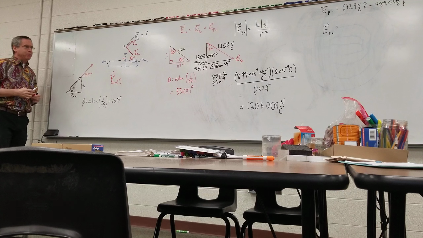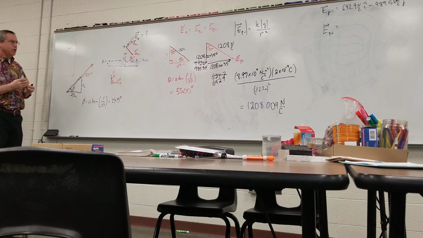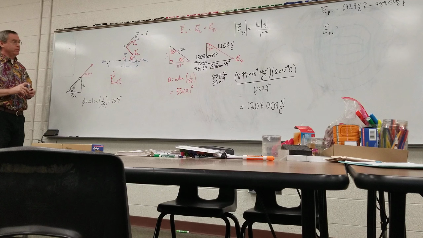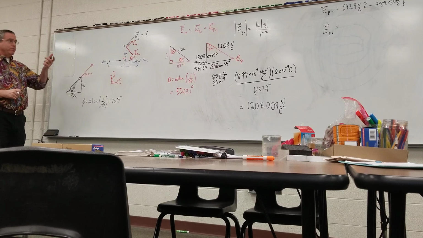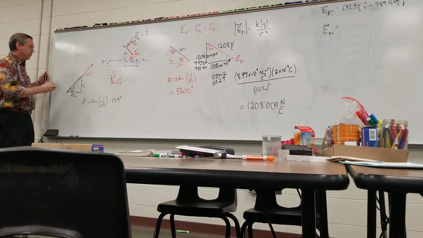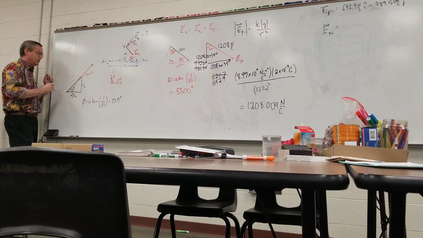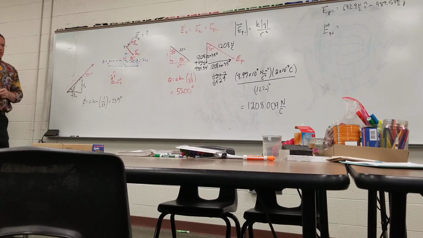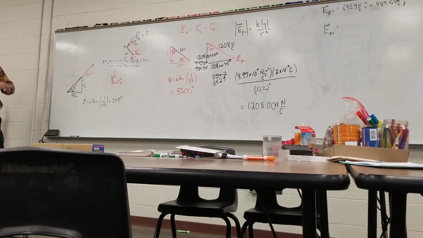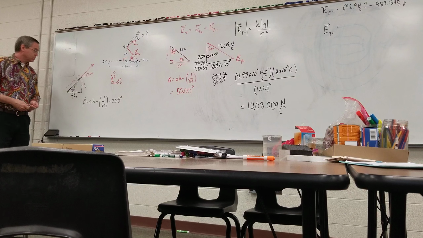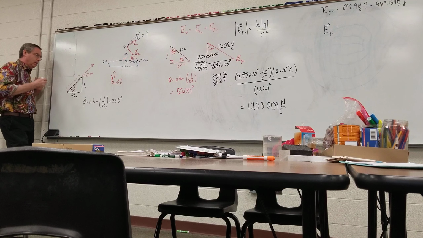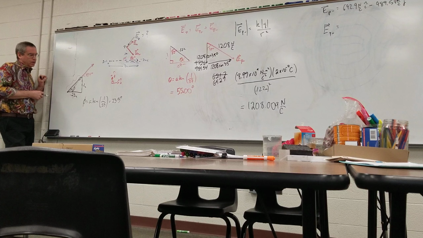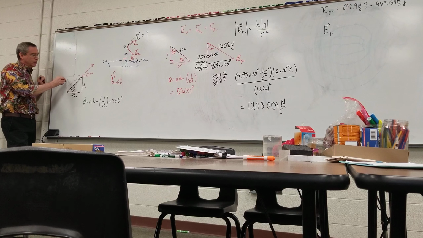So we need to figure out the magnitude of the electric field. We have a formula right there, but we need to know this distance, the distance between our charge and the point, point B. 0.251 meters.